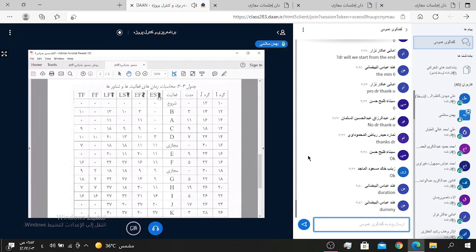Column 5 is related to the ES, early start, for all activity. I write the ES from the activity in column 5.